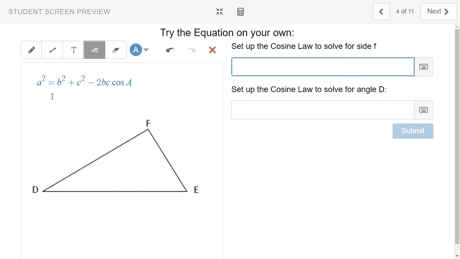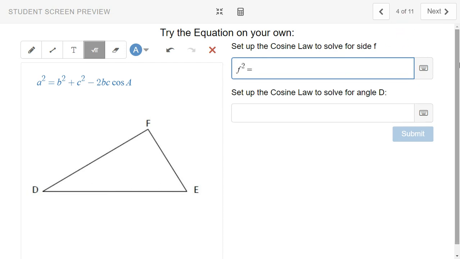So instead of A now, I'm going to substitute F where the A is. And then my other two sides will be D and E. So I have F squared is equal to D squared plus E squared minus 2DE cosine F.